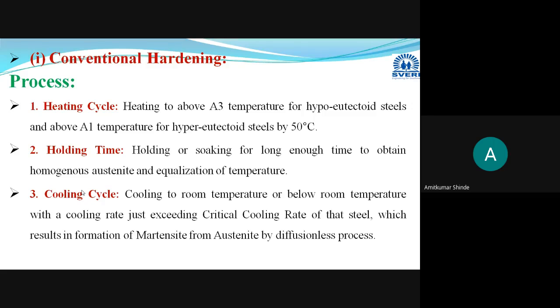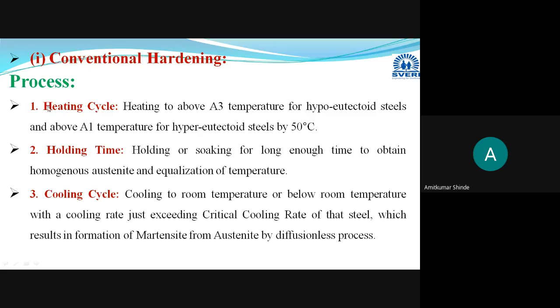Now this conventional hardening process, as we have seen in the introduction part of the heat treatment process, any heat treatment process will consist of heating cycles. There may be one or more heating cycles and cooling cycles, along with some holding time, or you can say soaking time or soaking cycles. Now here this conventional hardening process will consist of one heating cycle, then the holding time, and the cooling cycle.